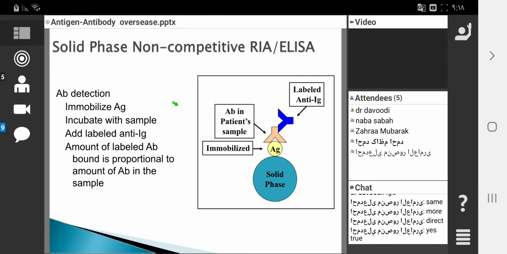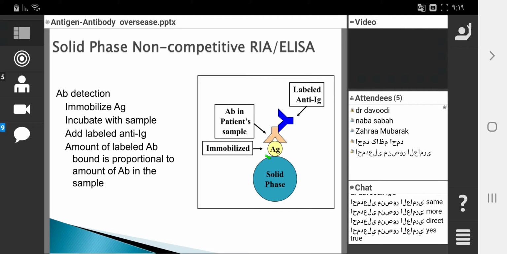But in non-competitive RIA, what happens? In the first step, we have to immobilize the antigen on the solid phase. Immobilize means no تحرك, ثابت, ساكن, not moving.